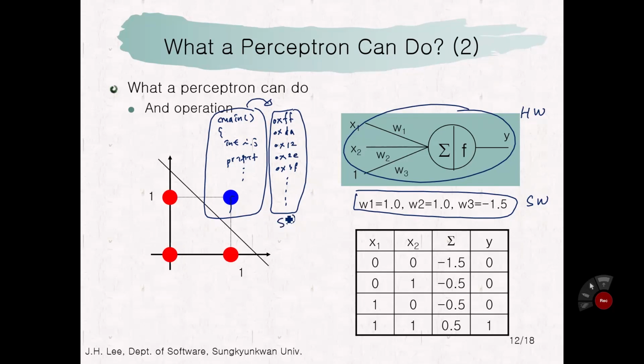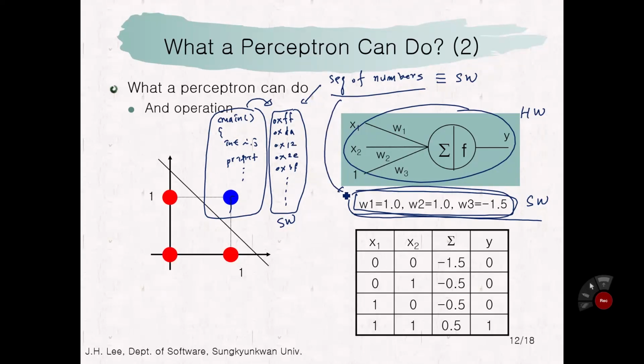Do you agree? This is a sequence of numbers. These are software. Do you agree? What are these? A sequence of numbers.